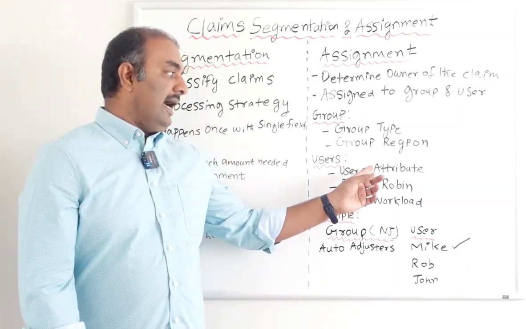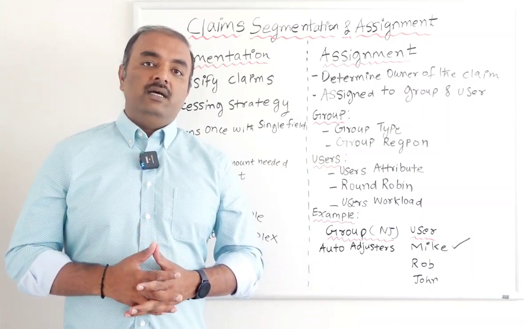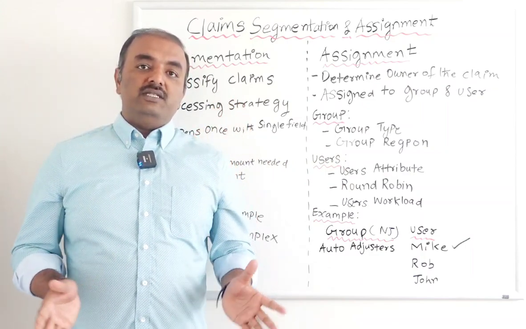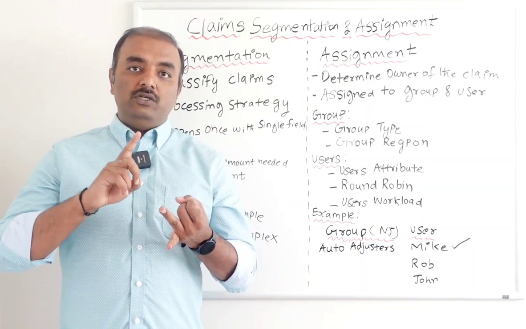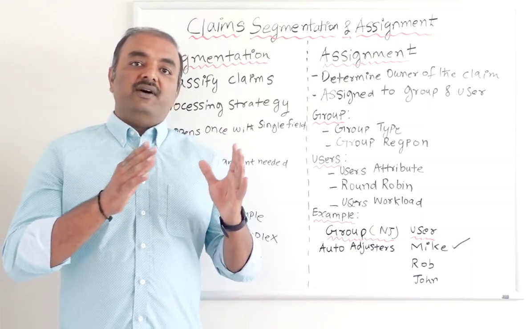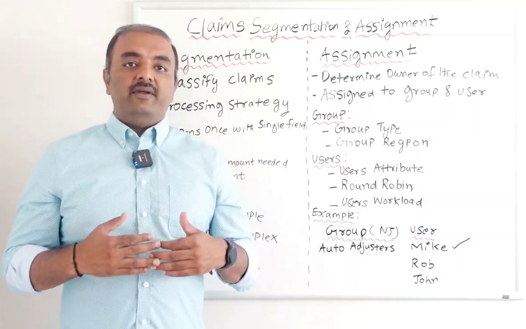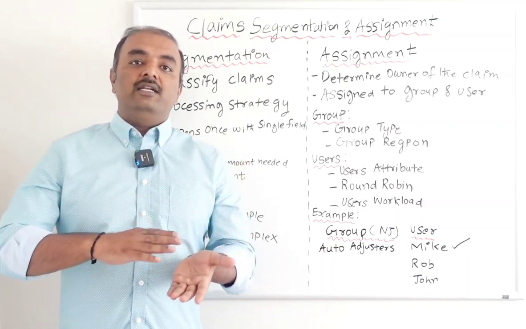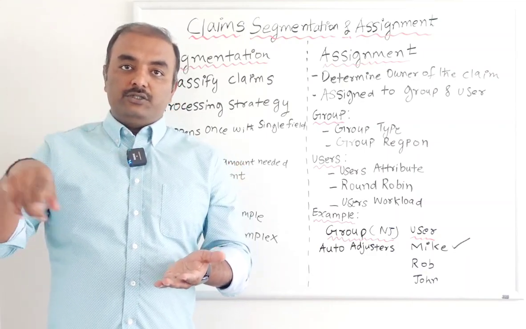Second thing is round robin. If there are 5 users within a group and user number 1 is Mike, user number 2 is John, and it goes on like that, the first claim will be assigned to Mike. When I get a second claim, it will never be assigned back to Mike, it will go to John. It goes on in a round robin basis and then it continues.